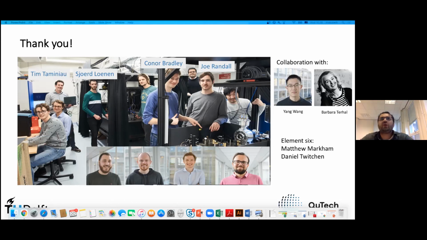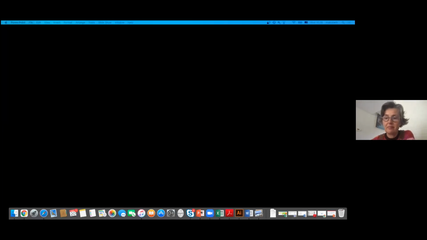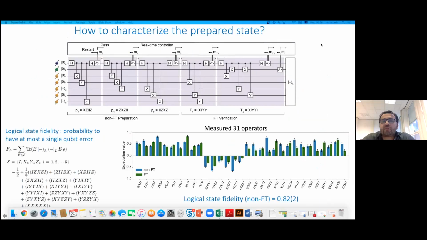Yes, of course. So we indeed, to characterize this logical state fidelity, measure these operators to be able to calculate this. And of course, these operators are also measured. When you measure them, you apply two-qubit gates that introduce errors to your state. So what we did in this case, these measured operators are corrected for the readout.